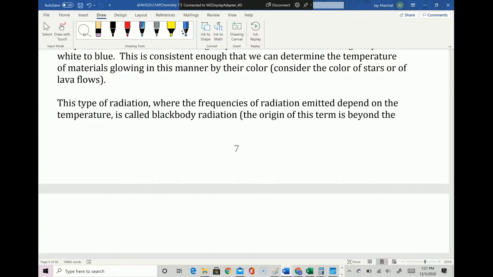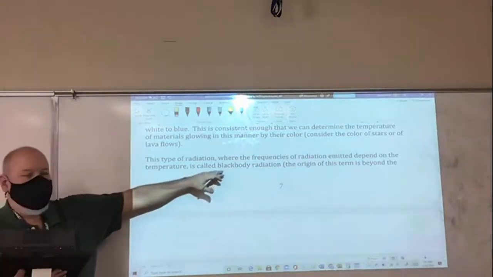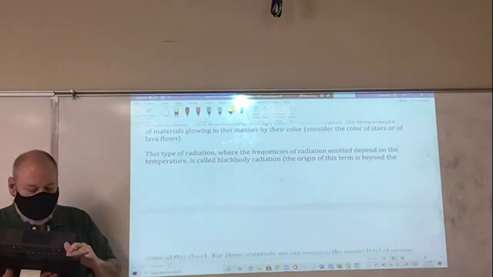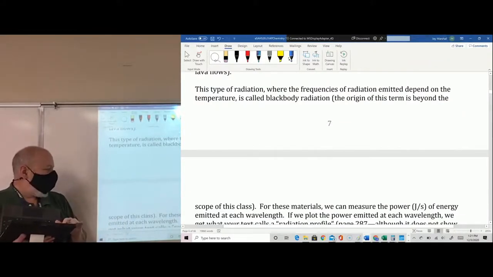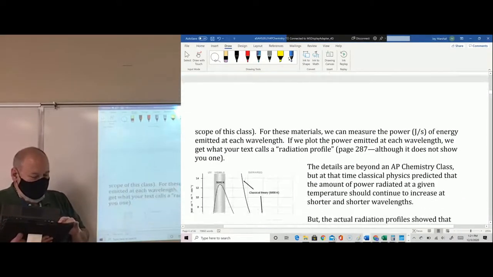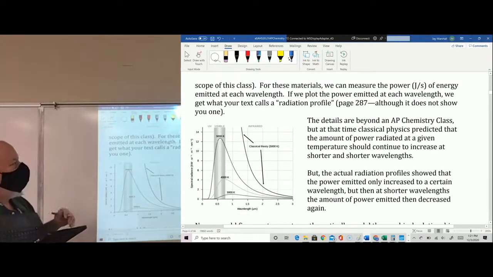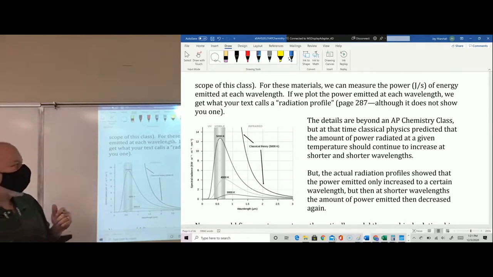If you go into physical chemistry as a junior or senior in college, you'll have to understand the mathematics behind this. All we need to know is that that's what this is called. The origin of this term is beyond the scope of this class, but the concept is something that I need you to understand. We call this type of radiation black body radiation.